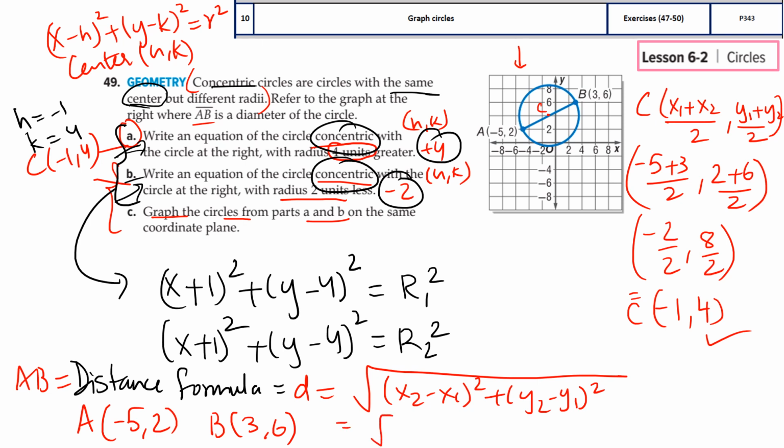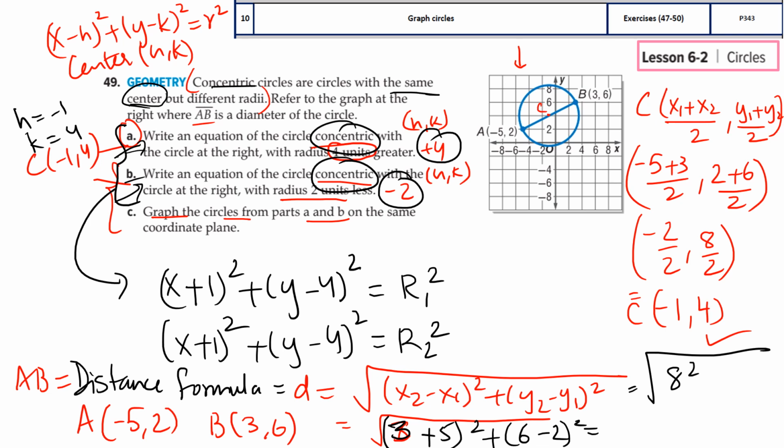If I plug in the numbers, you can use your calculator. So this is 3 minus of minus 5, so plus 5 whole square, plus 6 minus 2 whole square. Just do the calculations and this whole thing will come out to be 8 square plus 4 square, which is square root of 80. If I take it out of the radical, it becomes 4 square root 10.